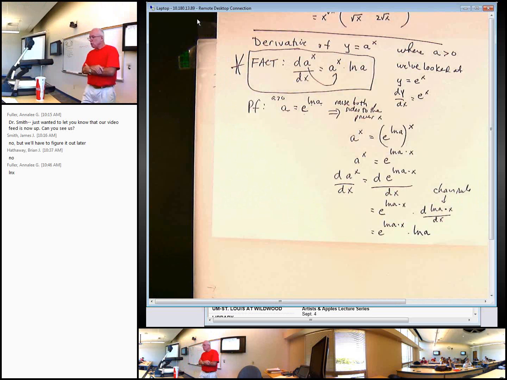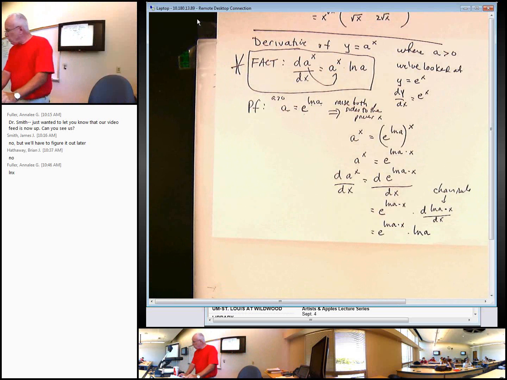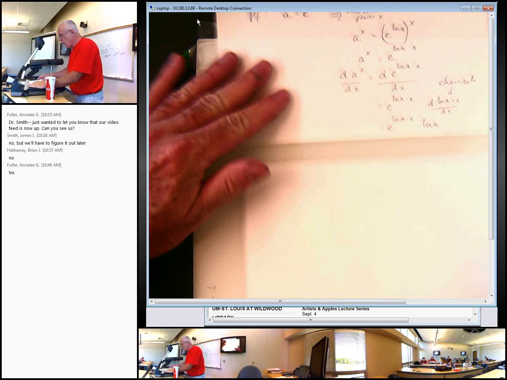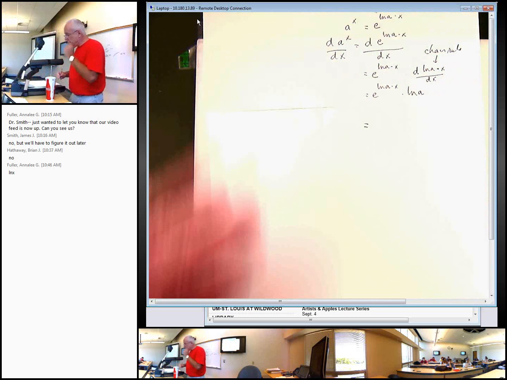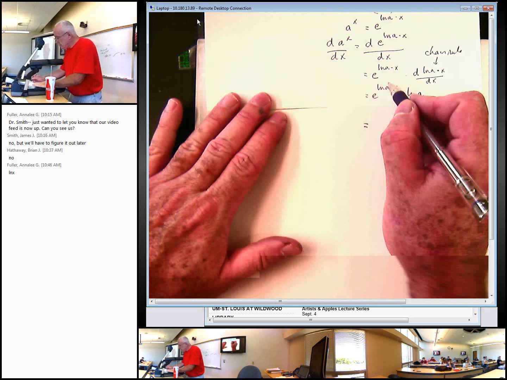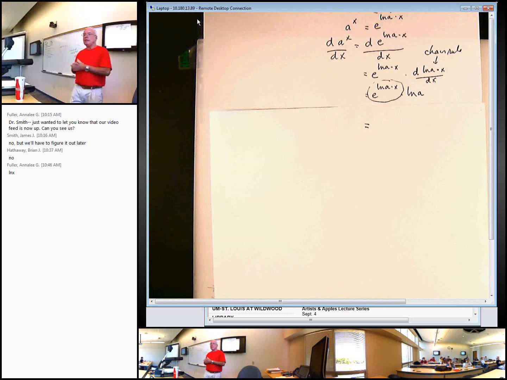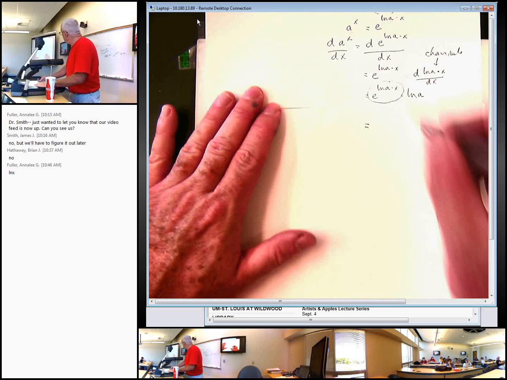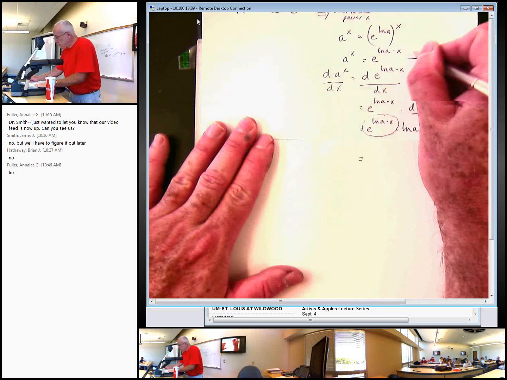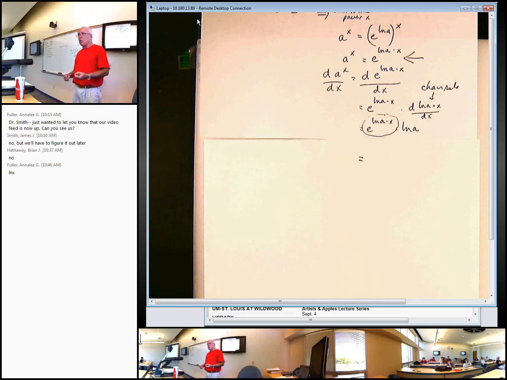All right. So we're almost there at our answer. Now let's go back to this first thing that I've got written here. E to the ln of a times x. We'll look right above here about 3 inches, and we see that that is the same as a to the x power.